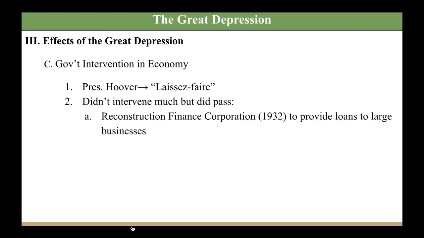Herbert Hoover will pass the Reconstruction Finance Corporation in 1932, which provided loans to large businesses. So even though they do get involved, the Republican Party is the party of big business. They're not helping the little people who are suffering. They're really helping the larger companies, the larger businesses that are suffering, because they feel like if these larger businesses go out of business, then it's going to have a domino effect and will eventually trickle down to all these little people.